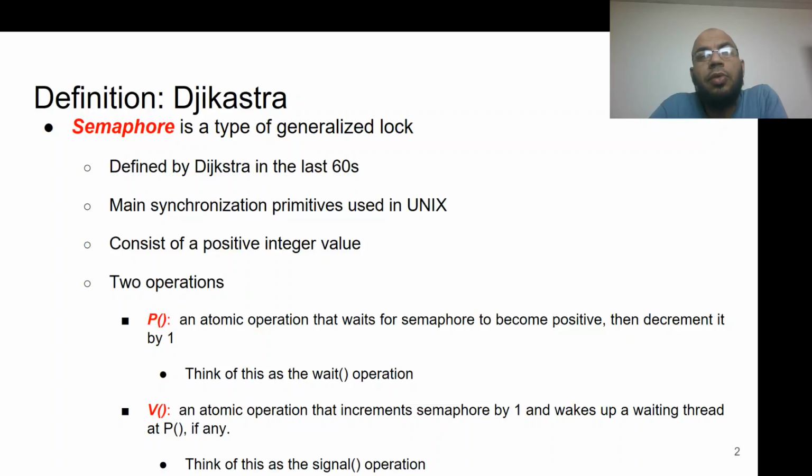Semaphores were actually invented to circumvent the issues we saw with the Mesa semantics for condition variables. The Mesa problems were the main reason behind Dijkstra going through the trouble of inventing a whole new locking mechanism.